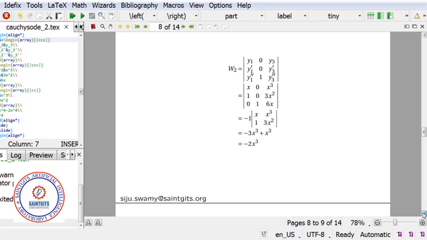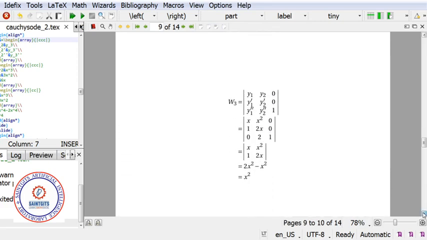Next we are going to find out w3 by replacing the third column of w by 0, 0, 1. As usual, substitute y1, y2, y1 dash, y2 dash, y1 double dash, y2 double dash. y1 is x, y2 is x square, and this element is 0. So the derivative of the first row will be in the second row. Derivative of x is 1, derivative of x square is 2x, and derivative of 1 is 0, derivative of 2x is 2.